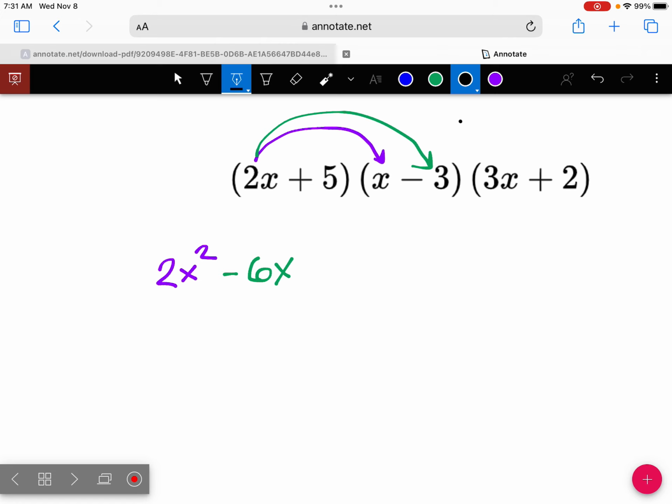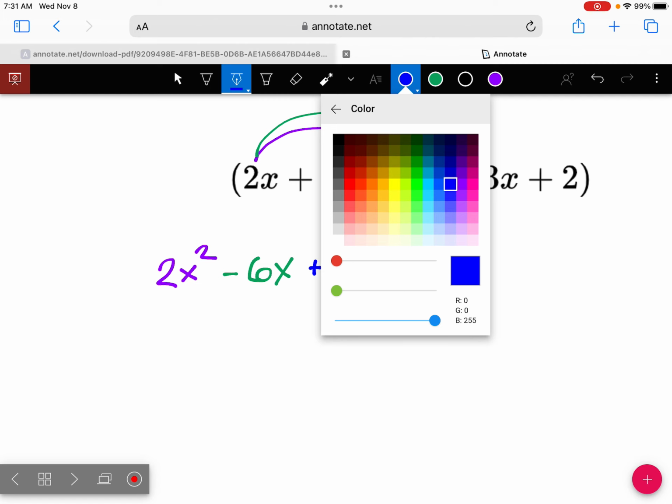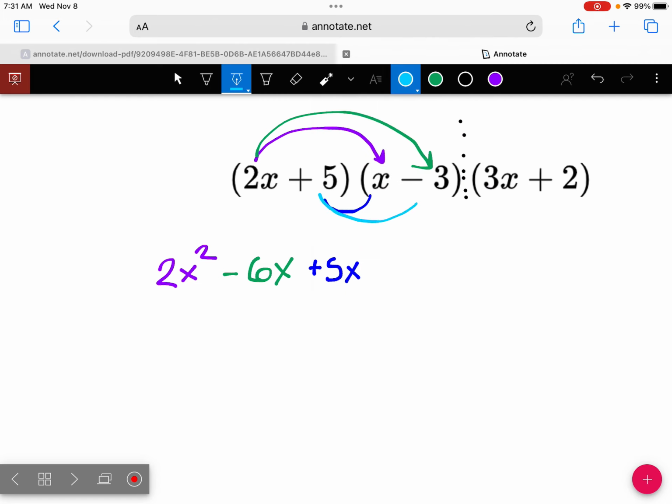Whenever you see a set of parentheses, treat it like a stop sign. We're just going to stop right there. Don't cross another set of parentheses. So then we're going to take our 5 and multiply that through. 5 times x gives us plus 5x. And 5 times minus 3 gives us minus 15.